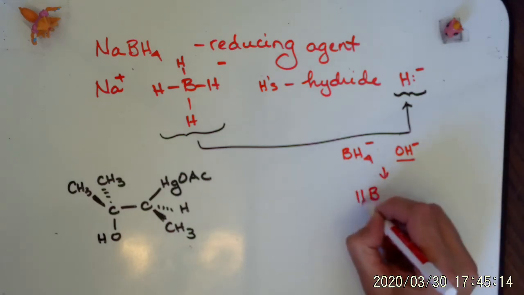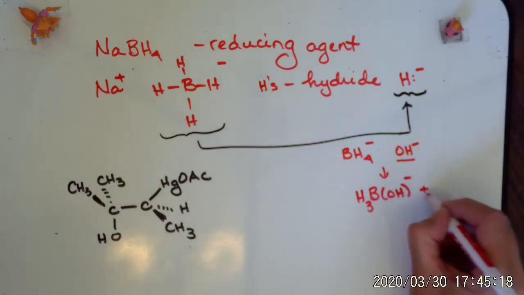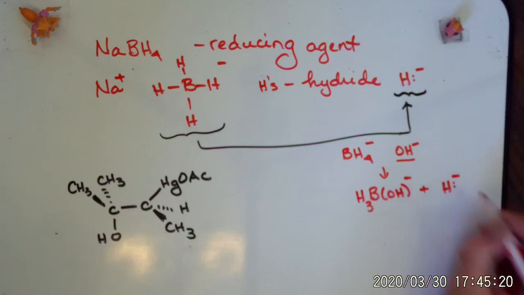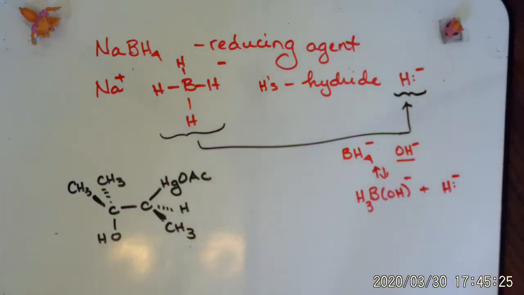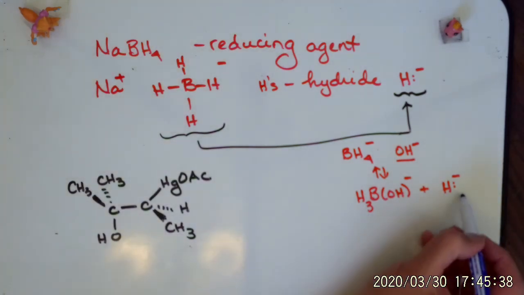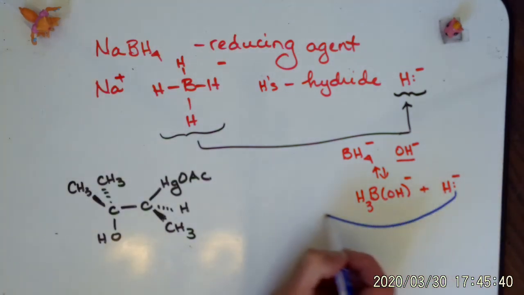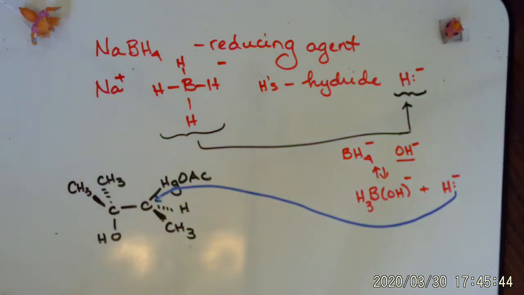So that's what we're really thinking about. Like I say, it's not a raw hydride, but essentially what you're doing is you displace the hydride. The hydride then acts as a nucleophile and attacks my carbon.